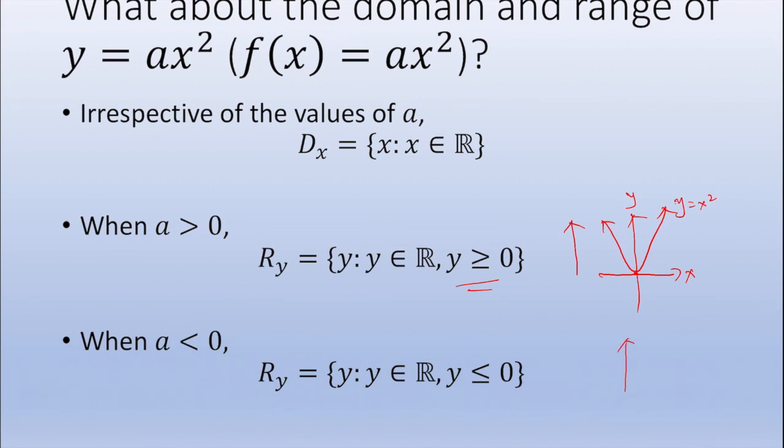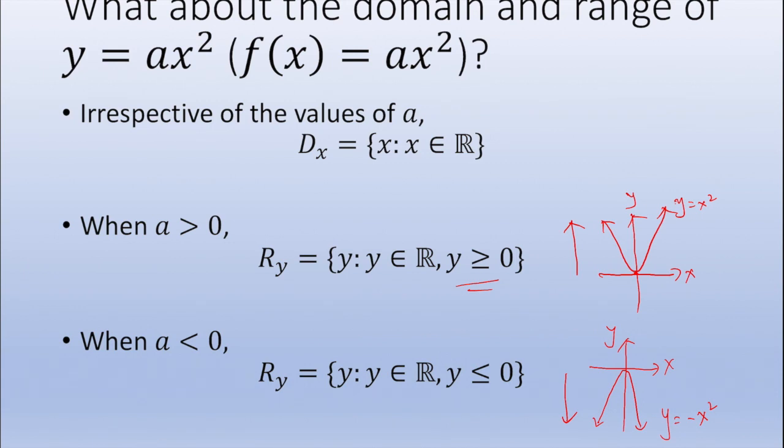Whereas, when we look at y equals minus 1x squared, right, this is y equals minus x squared, which is a reflection of y equals x squared. You can see that the range is actually below 0.